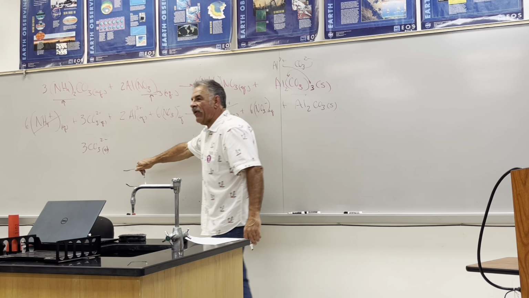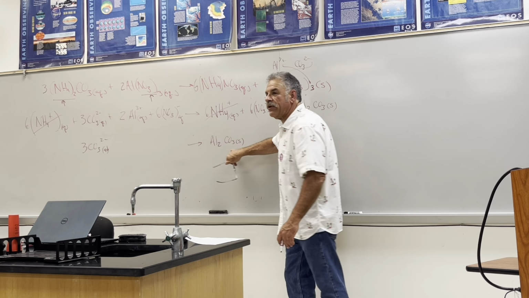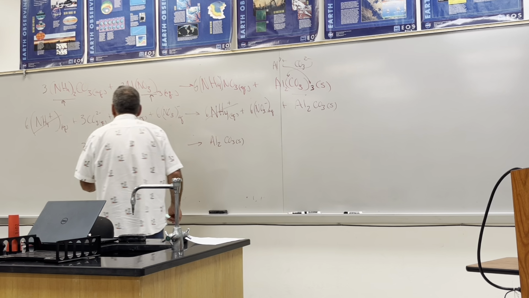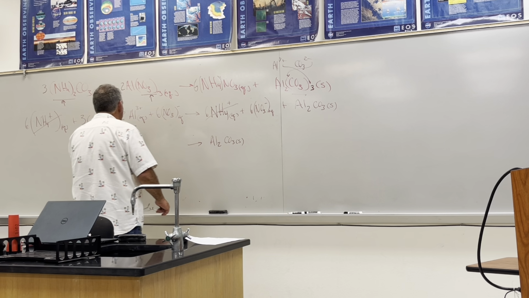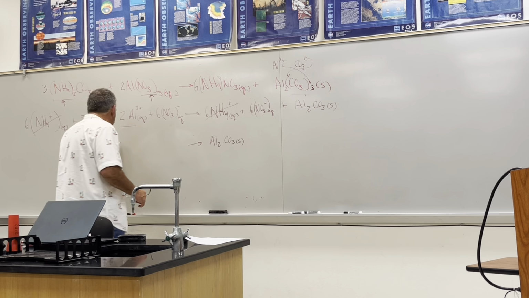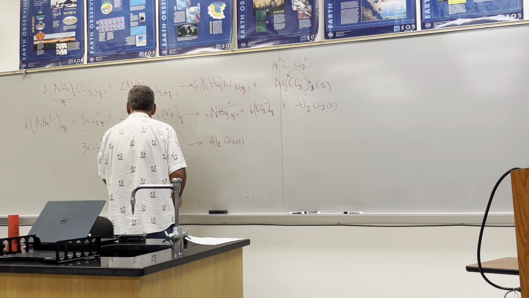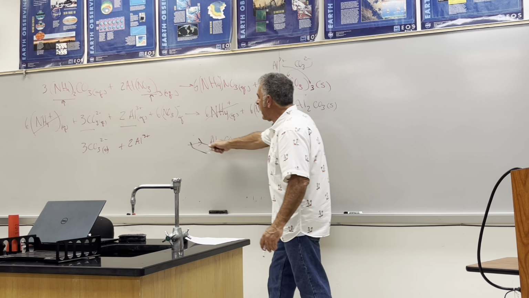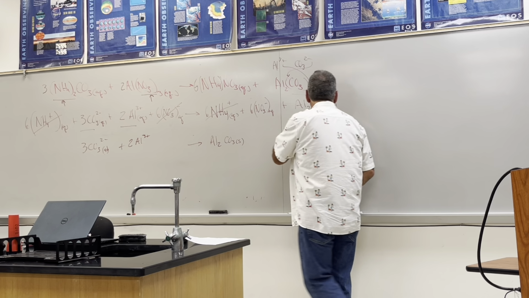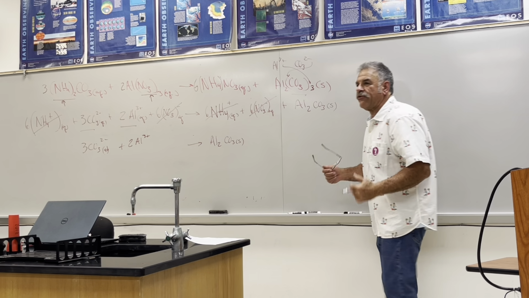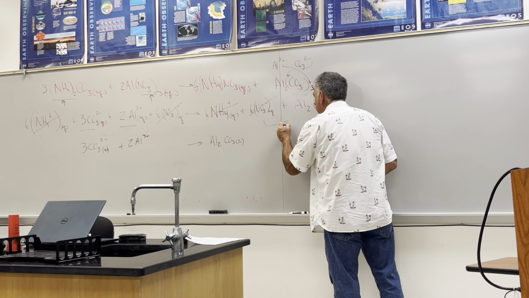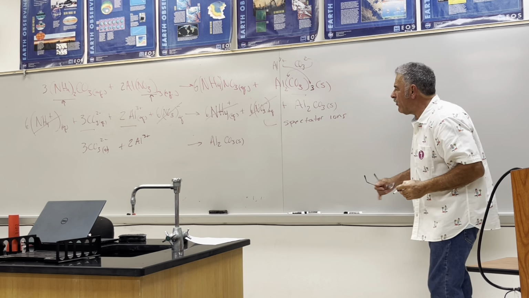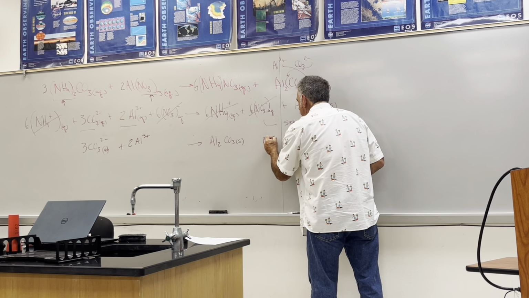It was CO3 in the aqueous state, and now it's in the solid state. Then carbonate stays, and then we look at aluminum. Aluminum's aqueous here and solid there. Change of state. Yeah, it went from California to Nebraska. And then we look at nitrate. Nitrate's the same on this side as it is on this side. So it's a spectator. And now this is the net ionic equation.